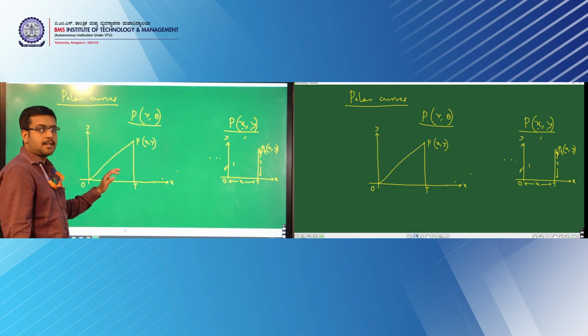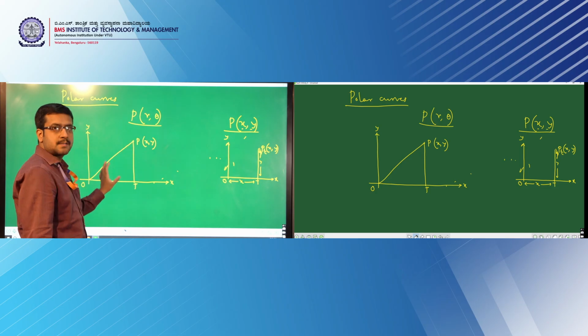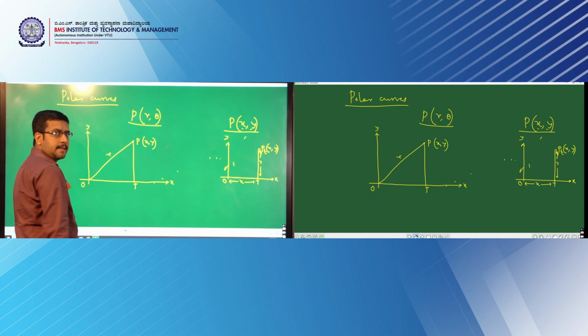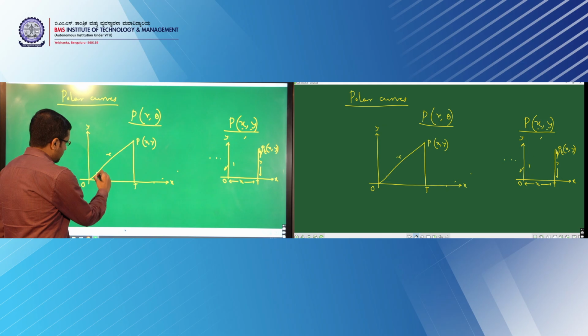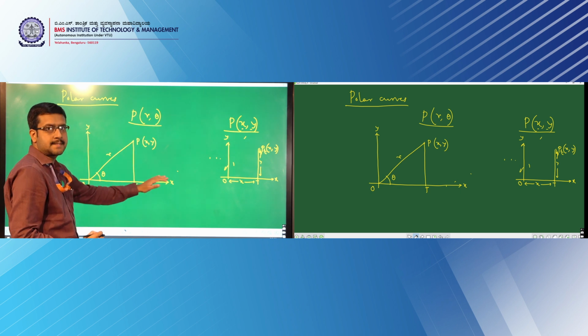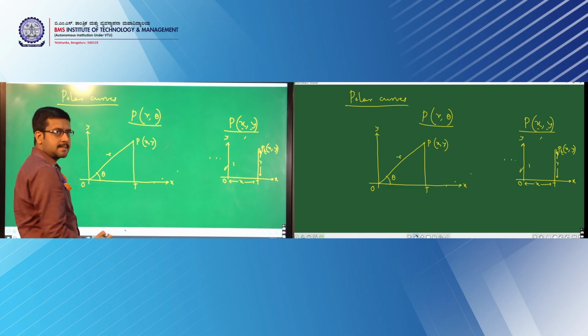What is the length between the origin and the point P? This distance OP is called r. This is called the radial distance. And suppose this angle I am taking as theta. This means the OP line makes the angle theta with this OT line, or you can say the x axis. So this is theta angle and this OP line is r.